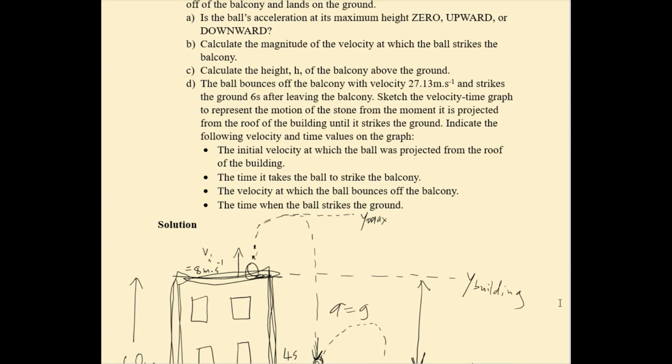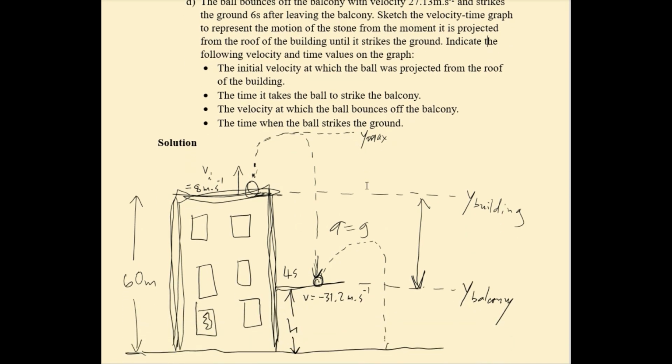Yes, that is correct. So question D now actually requires us to sketch a velocity time graph. So it's quite a bit to read here. It tells us the ball bounces off the balcony with velocity 27.13 meters per second and strikes the ground 6 seconds after leaving the balcony. So let me draw it on the diagram.